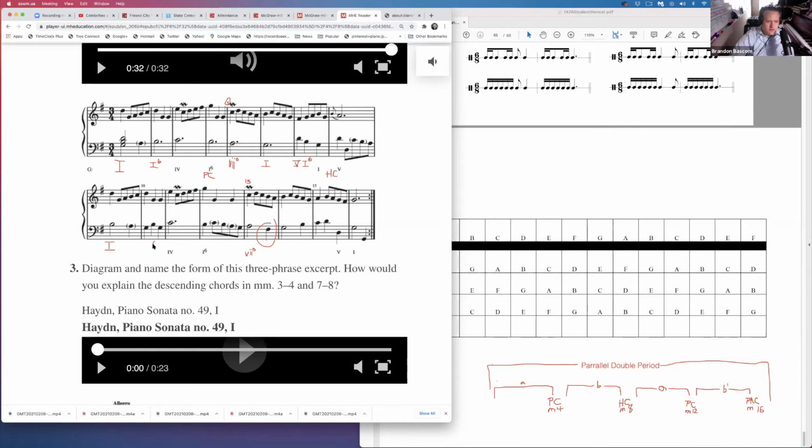We get the 6 right there. What's this? A and C at 15.